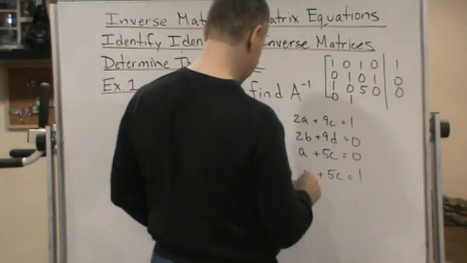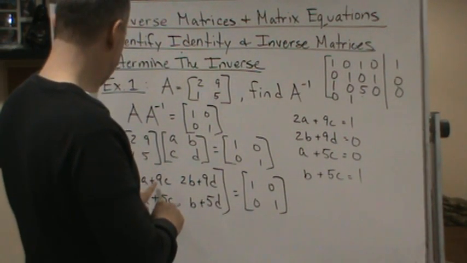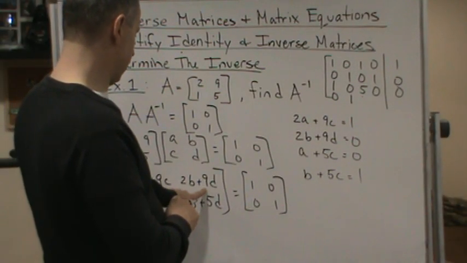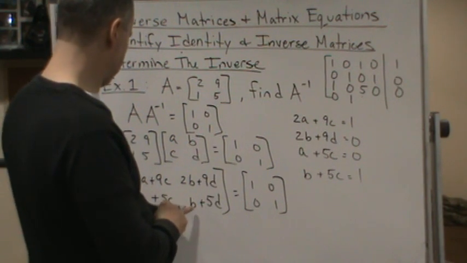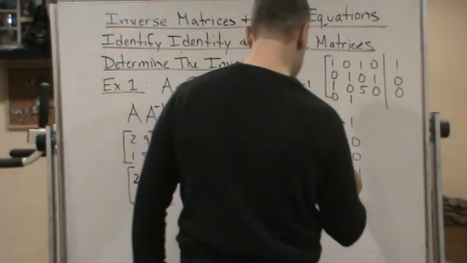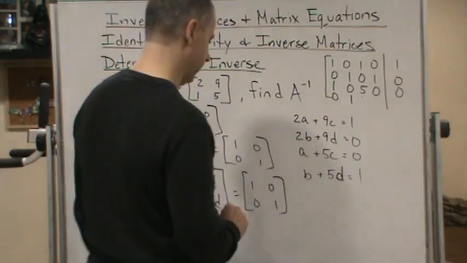Oh, hold on. Did I write that right? Well, 2A plus 9C equals 1, 2B plus 9D equals 0, A plus 5C equals 0, B plus 5D equals 1.